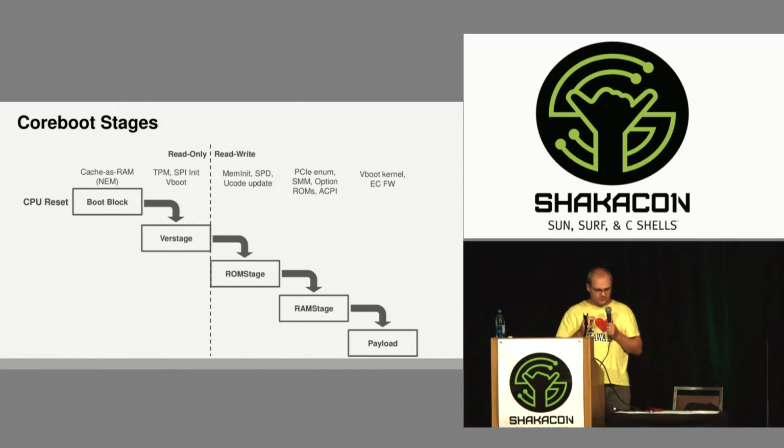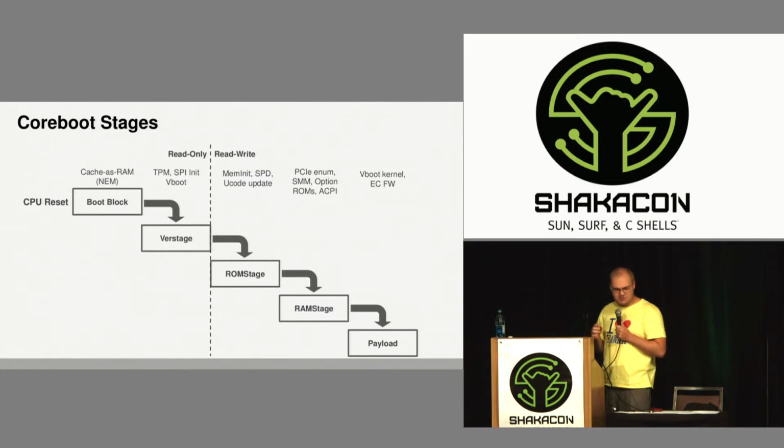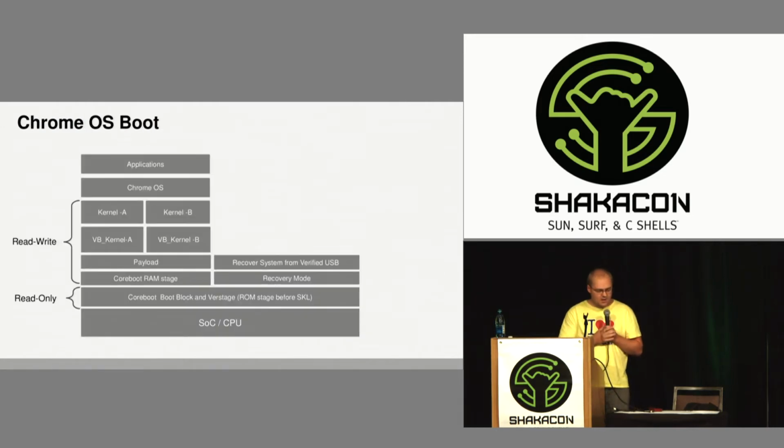But two of them, the boot block and the verstage, are supposed to be in a read-only SPI section, meaning it's supposed to be somehow protected. If you have read-only memory which verifies the read-write memory, and you trust that the read-only memory doesn't have any vulnerability, you have the entire chain of trust. That's the idea. Let's see how it is implemented and what kind of issues it may have.